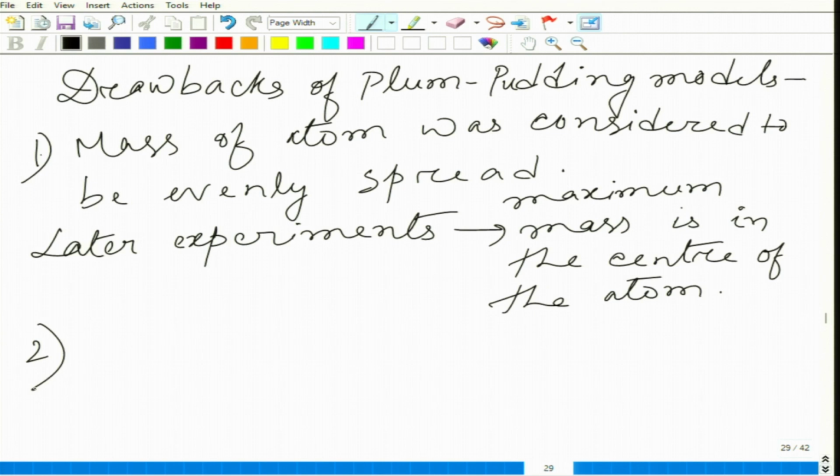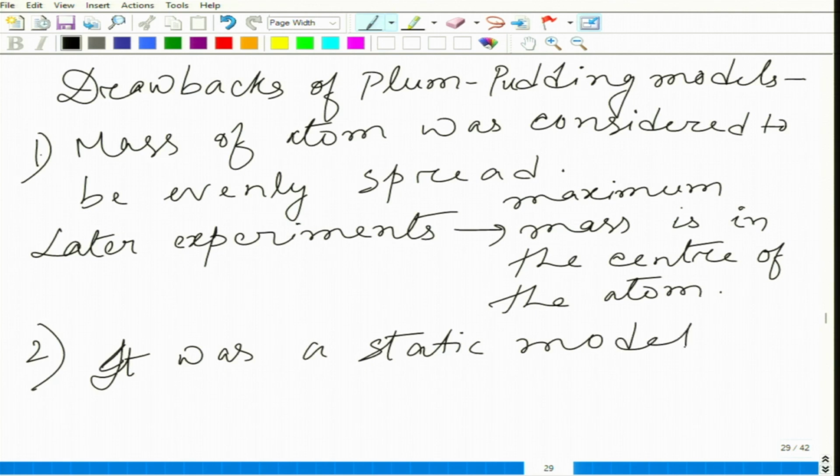The second point was that it was a static model, that is, the electrons are not movable. So in this model, the atom was considered to have its mass evenly distributed. But later on, Rutherford's gold foil experiment and other experiments showed that the mass of the atom is concentrated at its center, and also this was a static model.